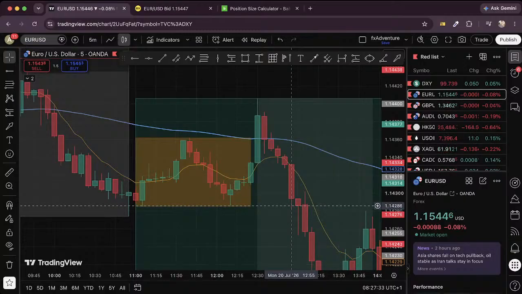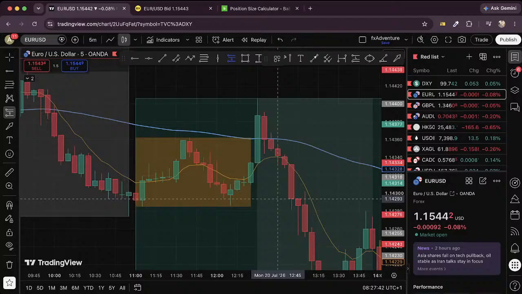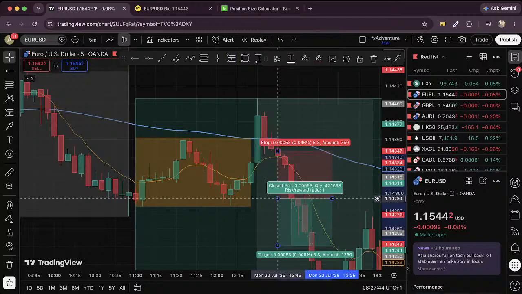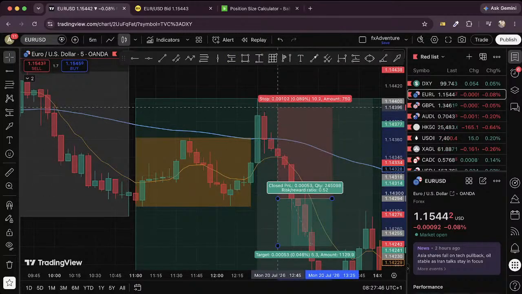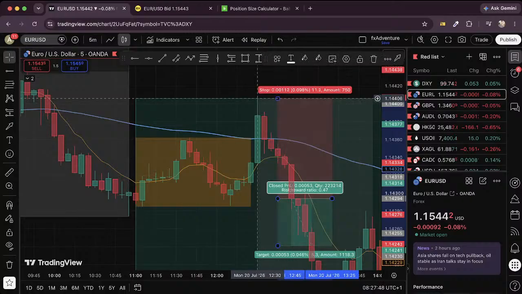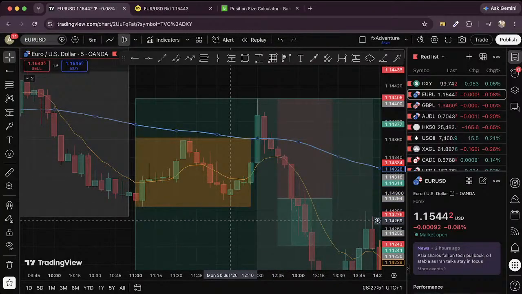Most times, this trade I will most likely leave alone. But if I still want to follow it, what I will do is put the stop loss here. Remember the condition: if the 100 EMA is in front of it, the stop loss goes to break even.